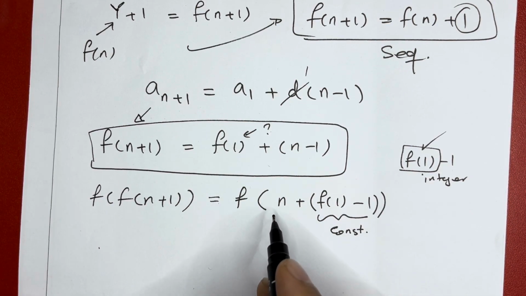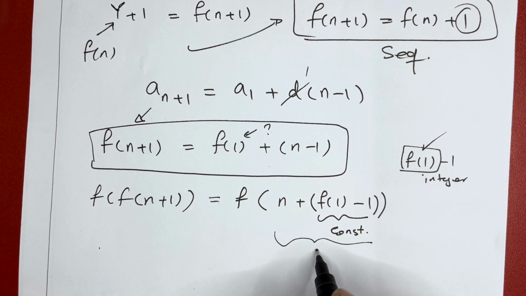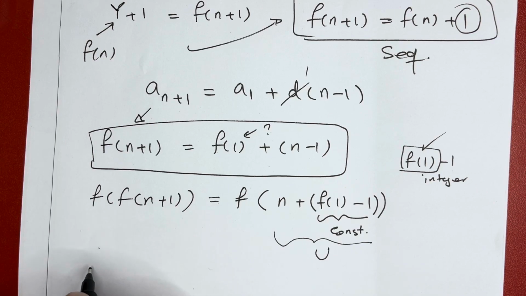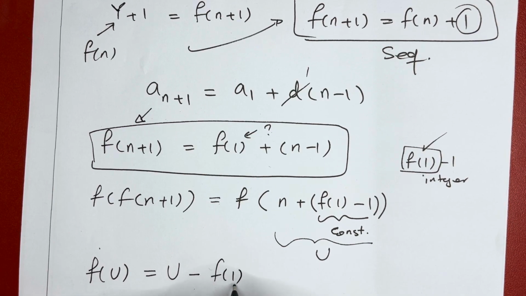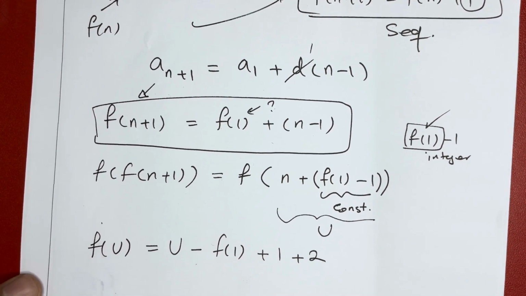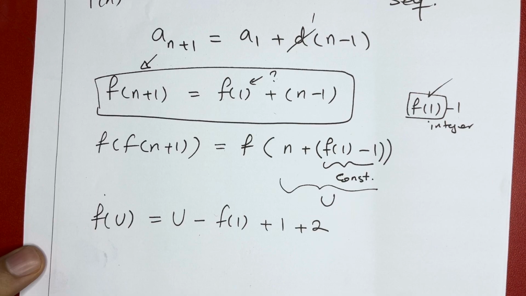I can say that n plus this constant is like a u. Then f of u will be u minus f of 1 plus 1 plus 2, by combining both of those two relations.